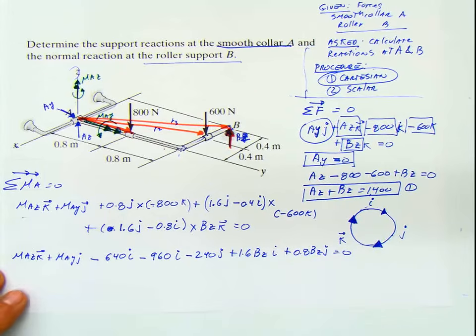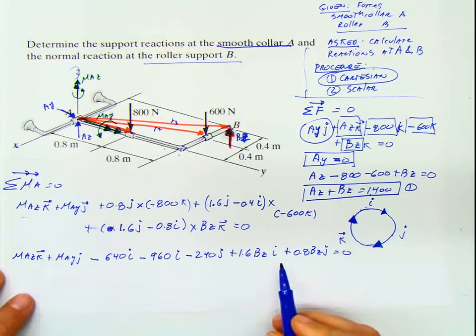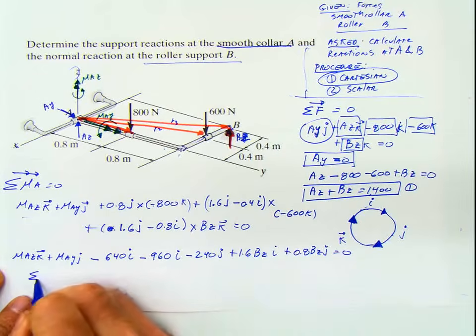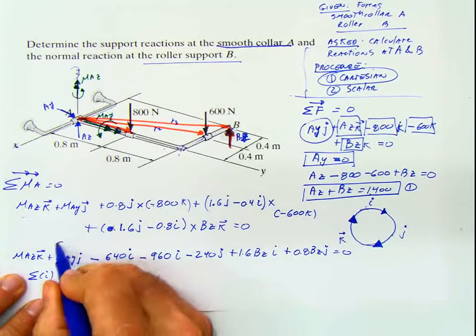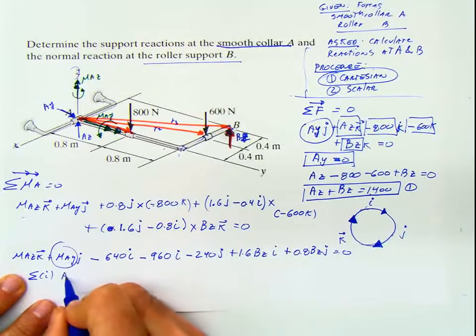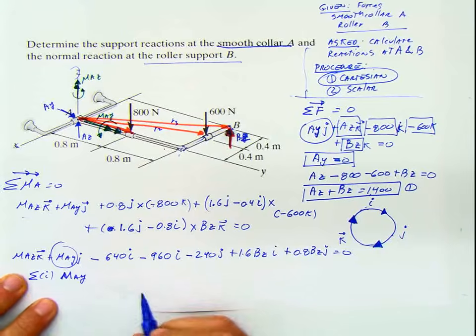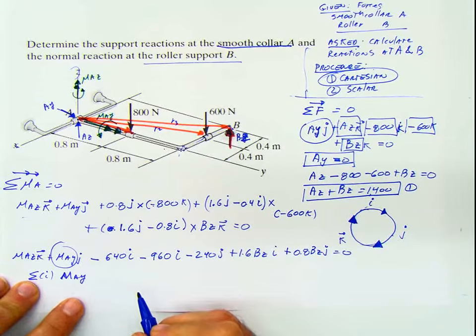Okay. Now let's start grouping everything together. Let's first go with the summation in I. What do I have in I? I have MAAY. What else?